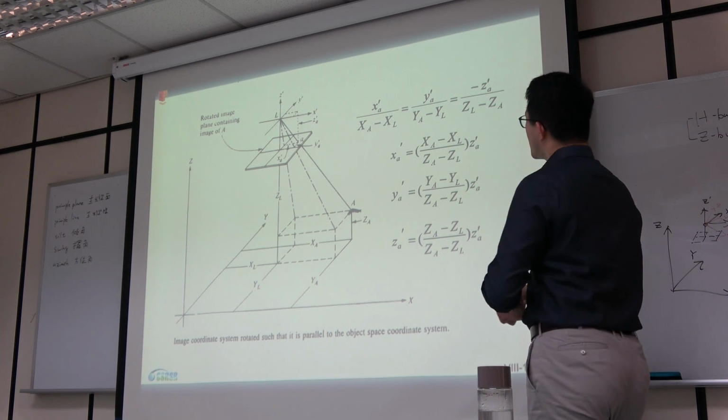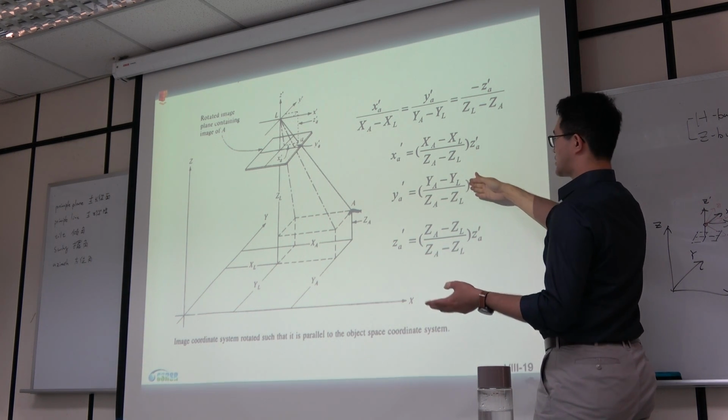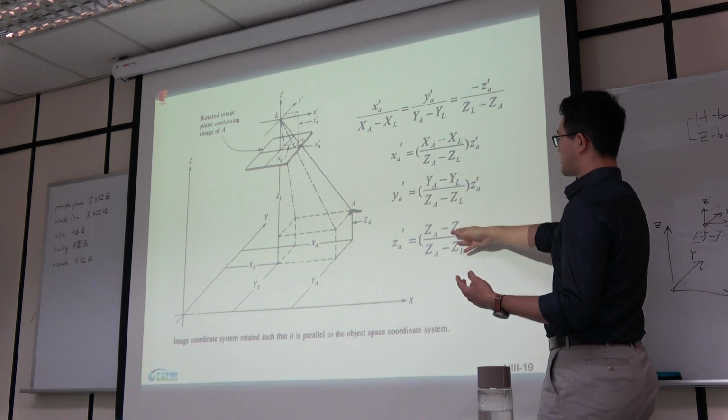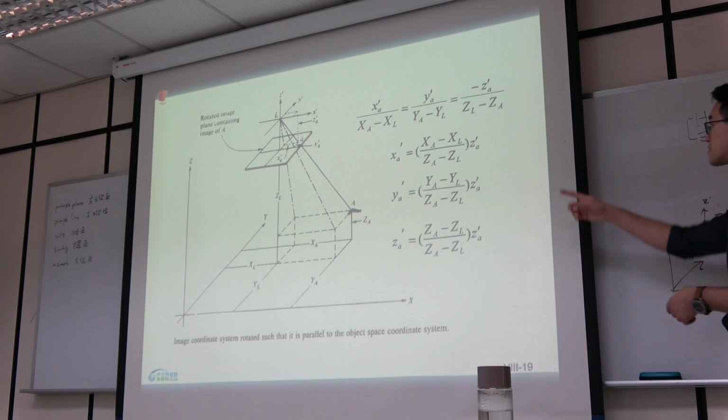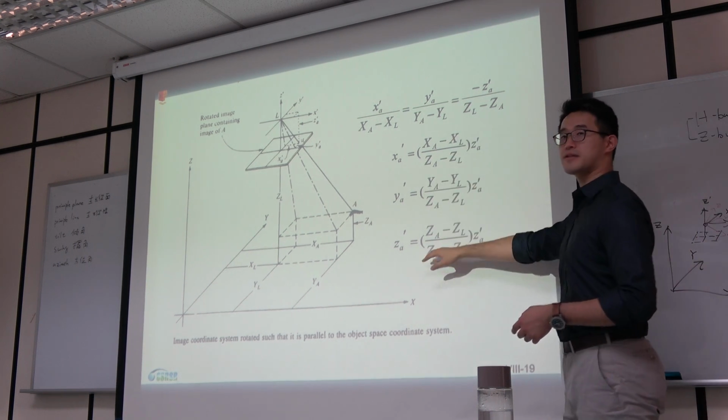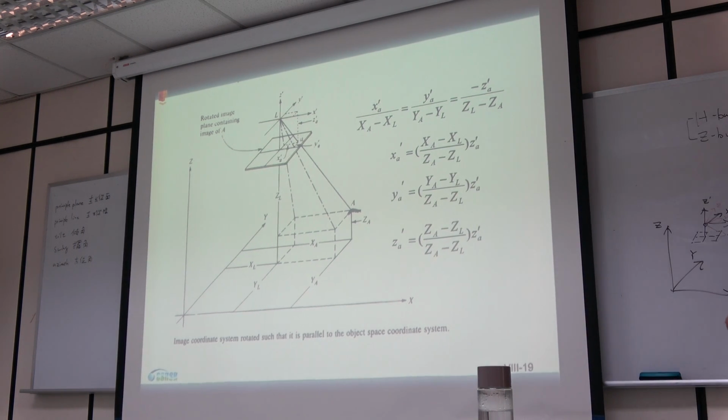Also we can write the y plot like this and za plot like this. This should be easy, right? Any question?